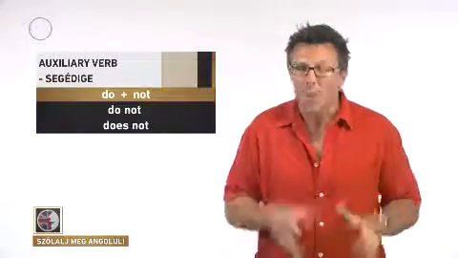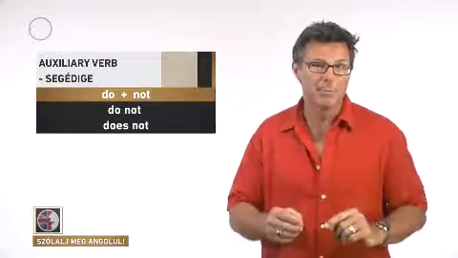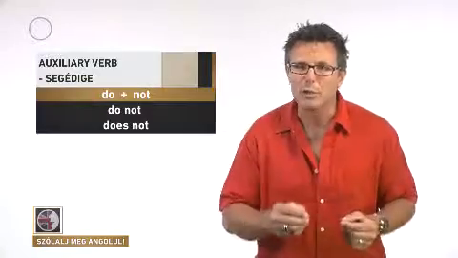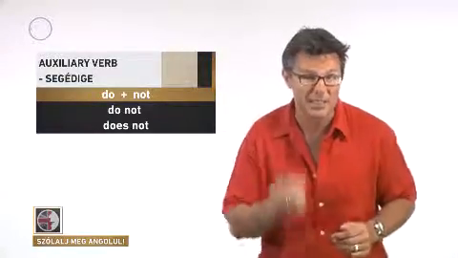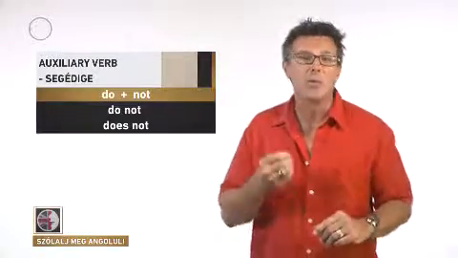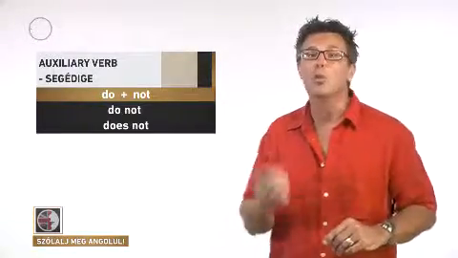Okay, so that's the positive form. What about the negative? Well, who remembers? That's right. With the negative form of the present simple, we have to use another verb, an auxiliary verb. When we want to make the negative in the present simple, we use the auxiliary verb do, and we add the word not.